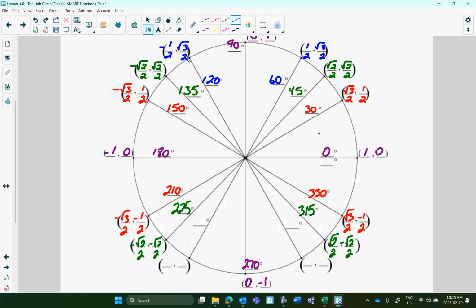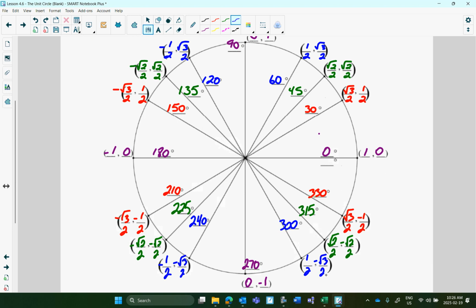What would this one be, angle in quadrant 3? 240, because we do 180 plus 60. Same values, 1/2 and root 3/2, except both are negative. And this one, 300. Values are the same, except the second one, root 3/2, would be negative.